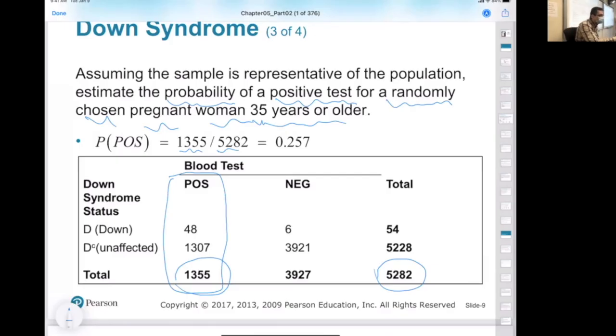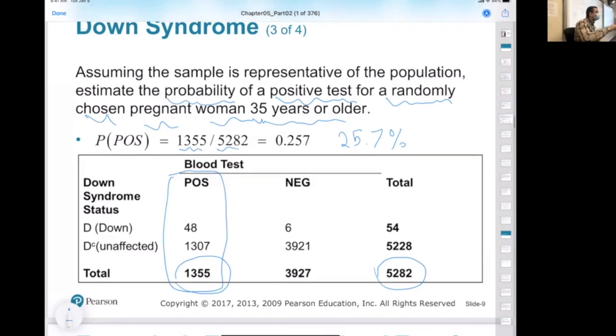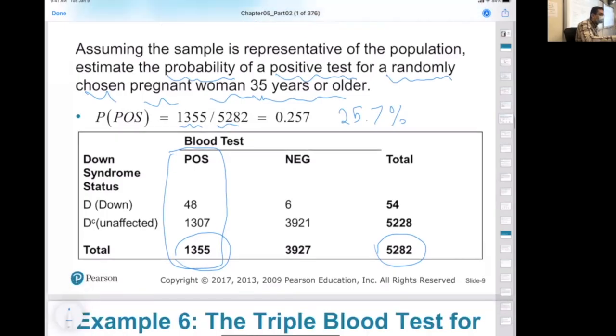So it's about 25.7%. So this is the probability of positive test for any woman we select randomly from this sample. Okay? Next question. Of course, what type of probability is this? It's the unconditional probability.